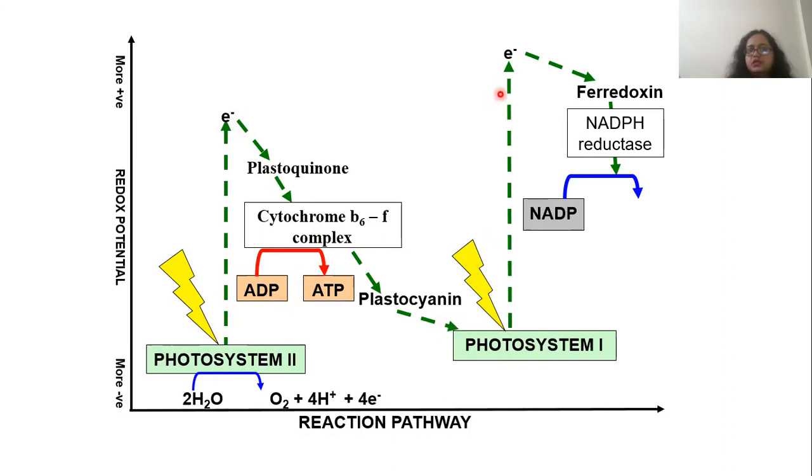These electrons are again captured by an electron acceptor molecule. The electron acceptor also releases an electron which is captured by ferredoxin, and that is used for producing NADPH plus H plus from NADP in the presence of an enzyme called NADP reductase. So till here we have studied photosystem 1, photosystem 2 as well as cyclic and non-cyclic photophosphorylation.